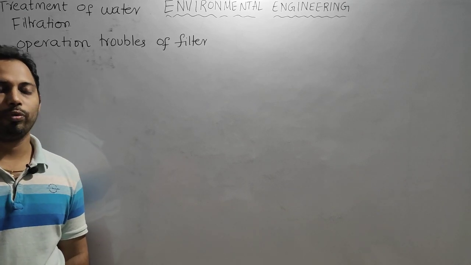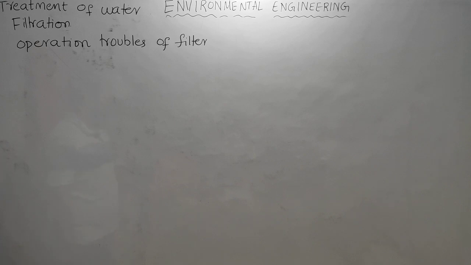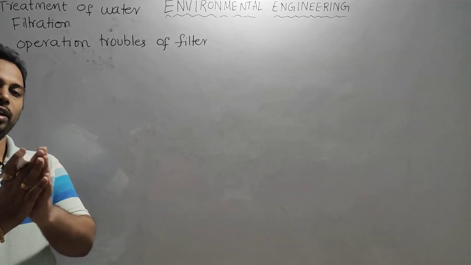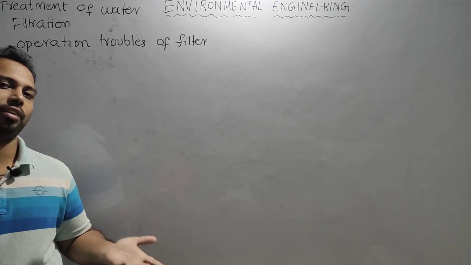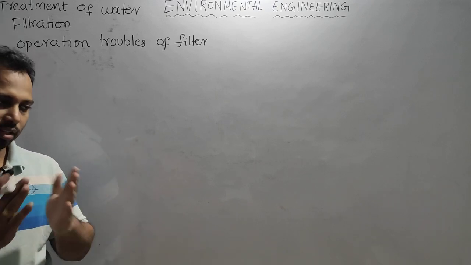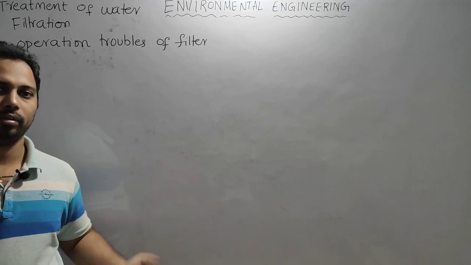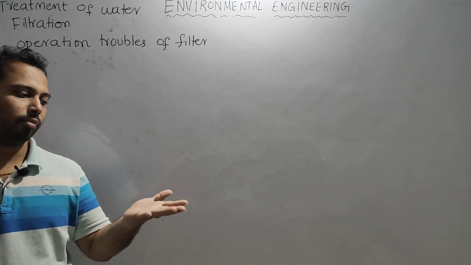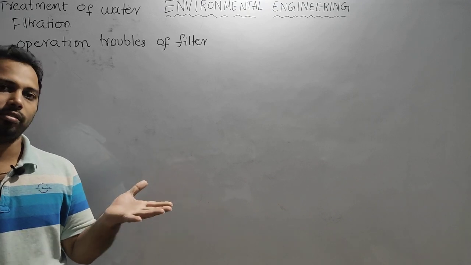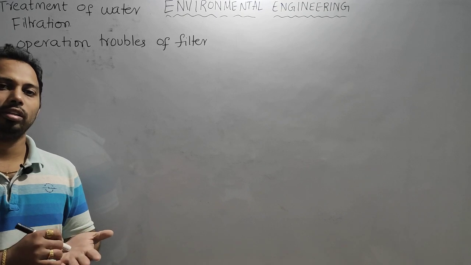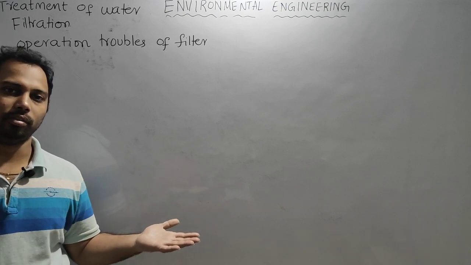If you don't notice this happening and you are still using the filter media, then once the filter bed is separated, it is no more a filter. If you take a small sieve and somewhere I cut the sieve and the rest is good, would you say it is a sieve?